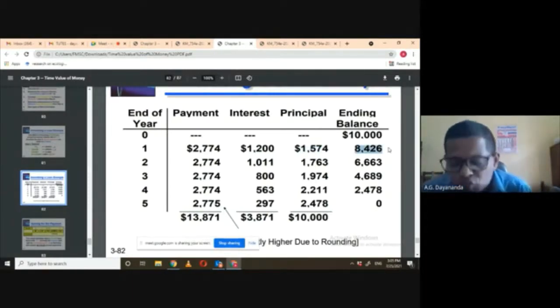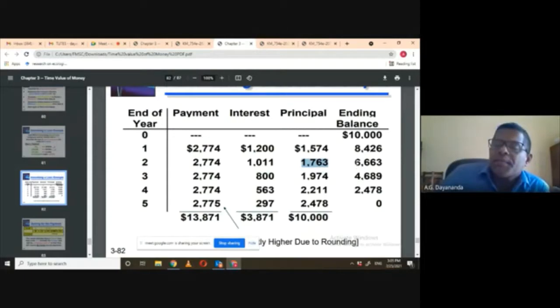your closing balance at the first year would be 8,426, if you are making the installment as you promised. Then second year onwards, again you are making a payment of so much. Interest would be 1,011. So the capital component would be this minus the interest. Then from 8,426, you minus the 1,763, and your loan balance would be likewise so much.